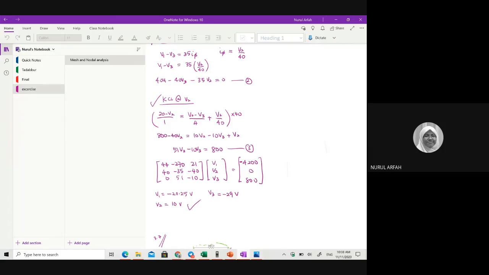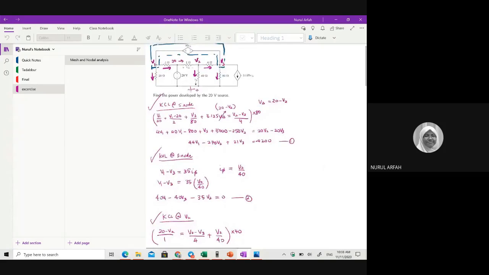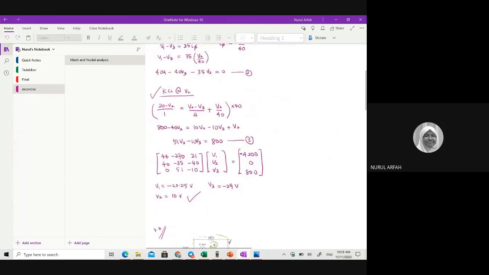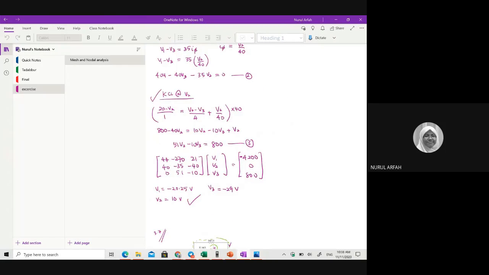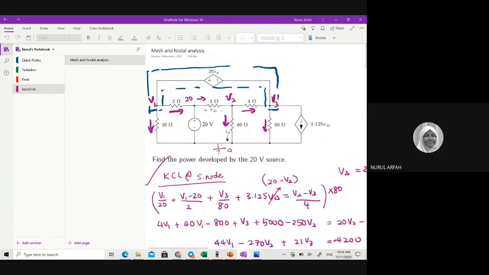But the question asks you to find what? Power, right? Power developed by the 20 volt source. So even though you have this 10 volt, if you look at the question here, this is the 20 volt in the middle, right? The 20 volt is here, and you know that the voltage is 20 volt. But what is the current at this side? You can draw the current.